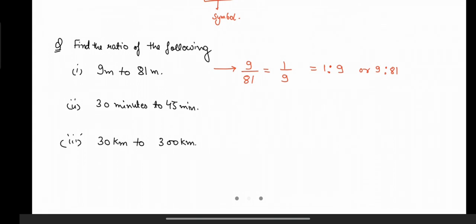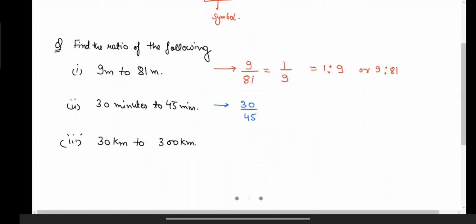Okay, now try the second one and the third one. If I now want to solve the second one, 30 minutes to 45 minutes, so 30 upon 45. What will be the HCF, the highest common factor, of both of them?